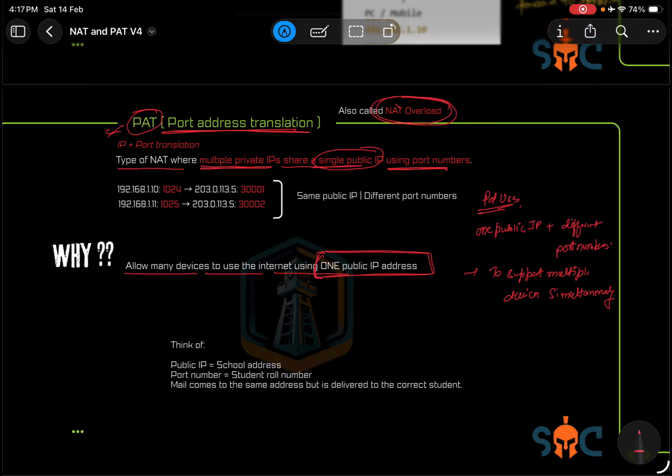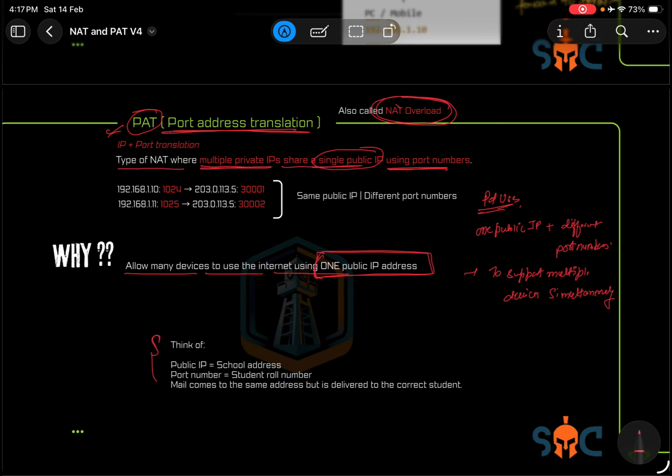For example, you are in a home and you have multiple devices like a laptop, an iPad, or an iPhone connected to a single router. All the devices connected to that particular router will mostly have the same private IP addresses. Okay, remember that.